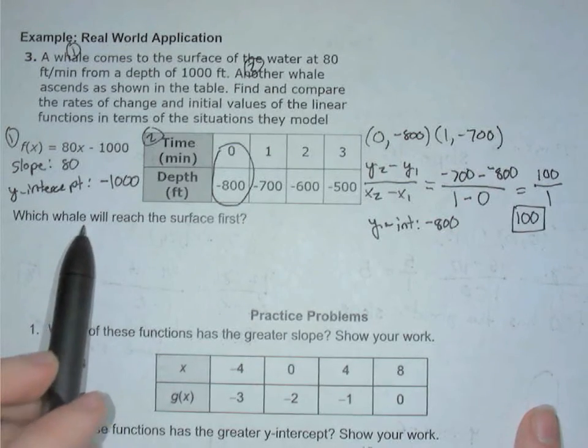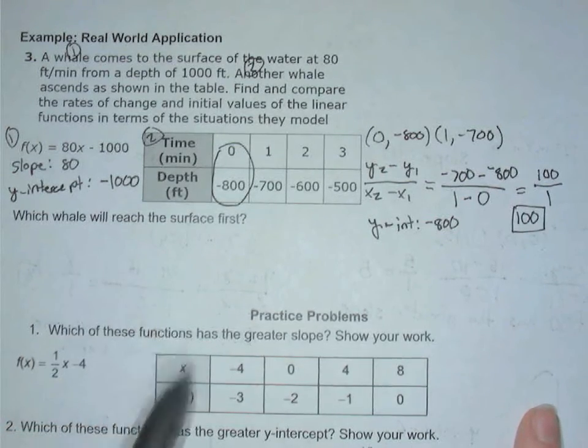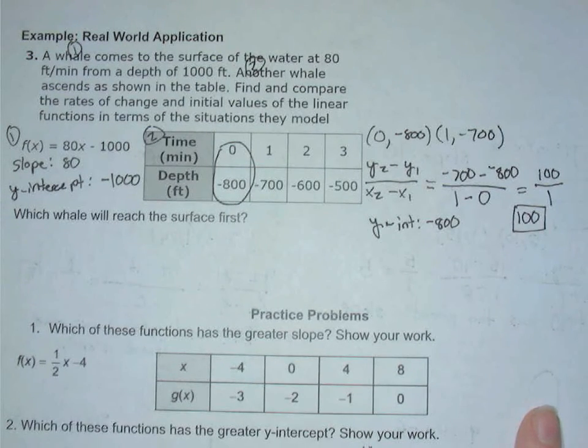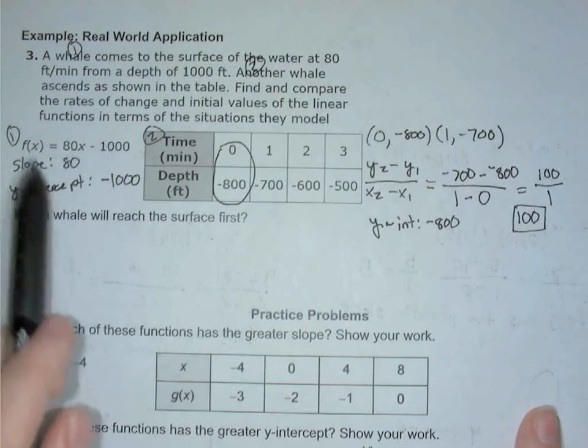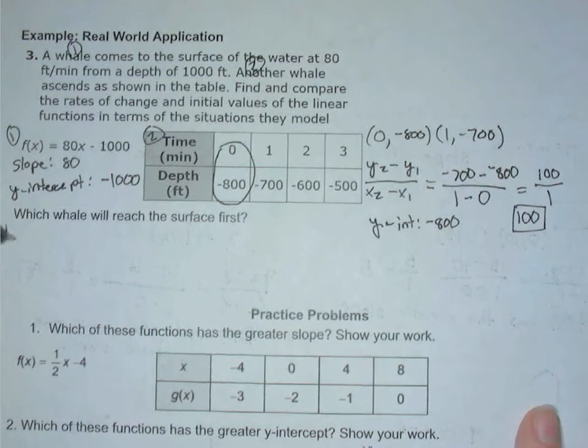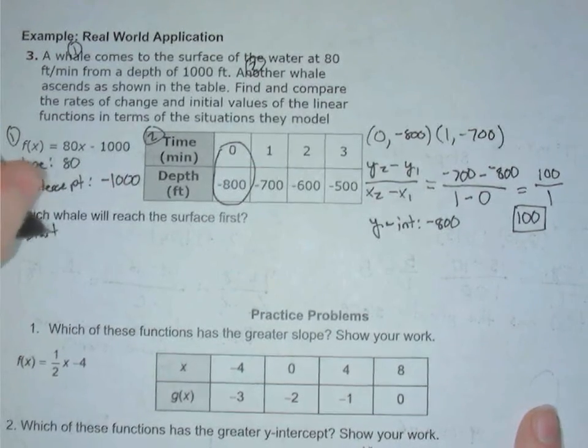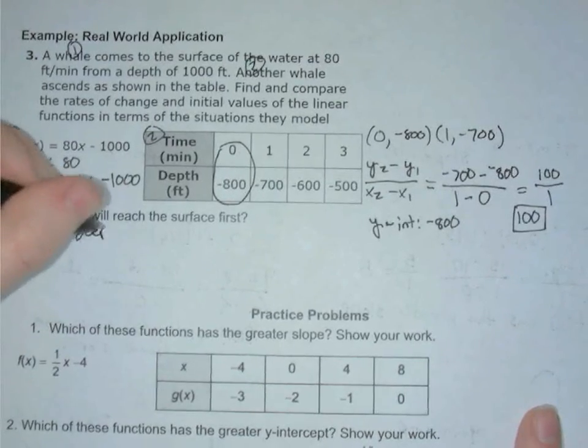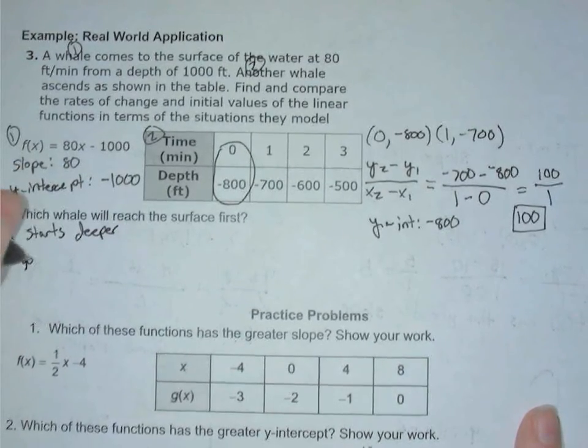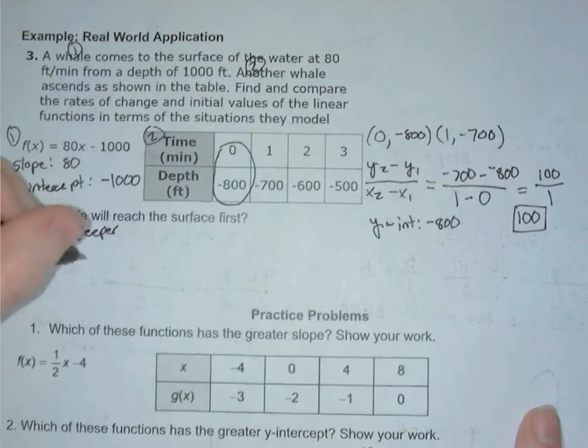So when it asks us which whale will reach the surface first, we could use math, we could use division like we did before, but we could also just use some common sense here. Whale number 1 starts deeper, and he goes slower.